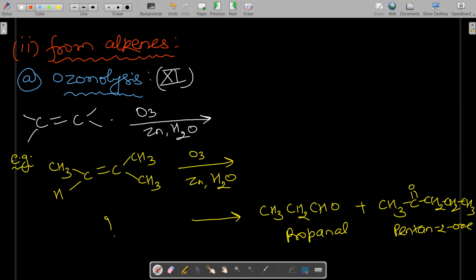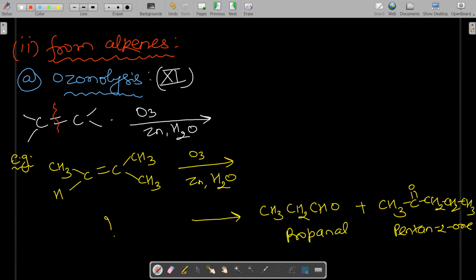Alkene reacts with ozone to form first an ozonide, which I am not drawing. And then further it is treated with zinc and water to give the final product, which is aldehydes or ketones, maybe the same, maybe different.